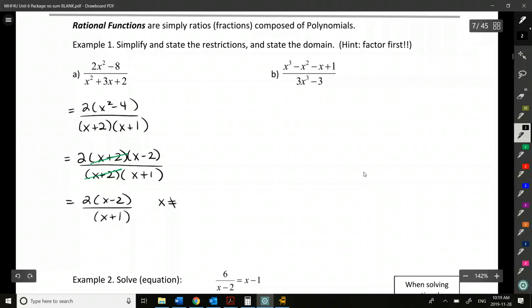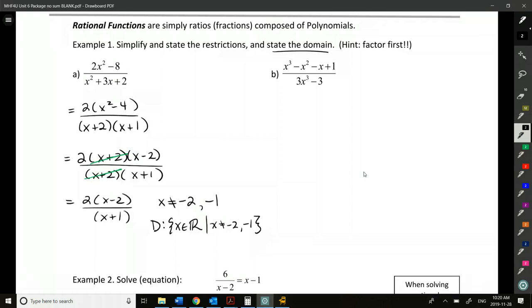So what are our restrictions here for this function? -2 and -1. So in my domain, if I am asked to state the domain, usually this is a little bit easier to do without using interval notation, but I would say x can be all real numbers, except we don't want x to equal -1 or -2.